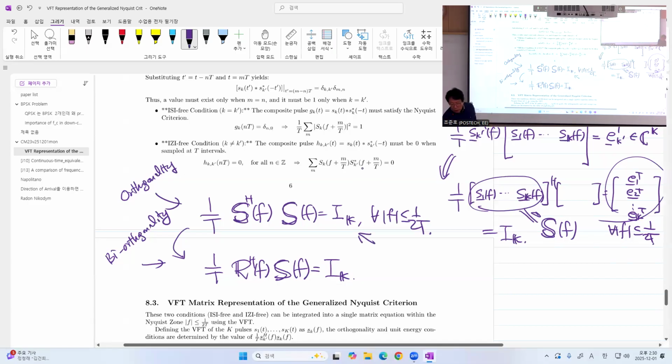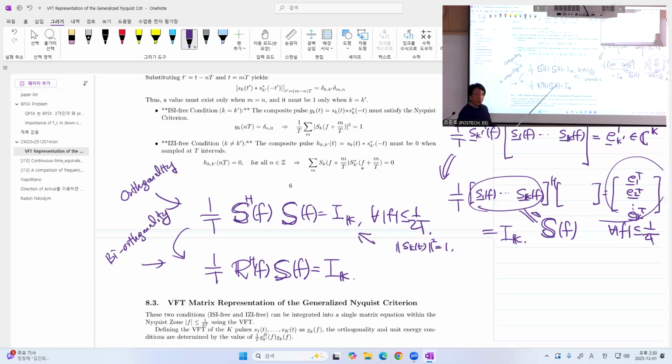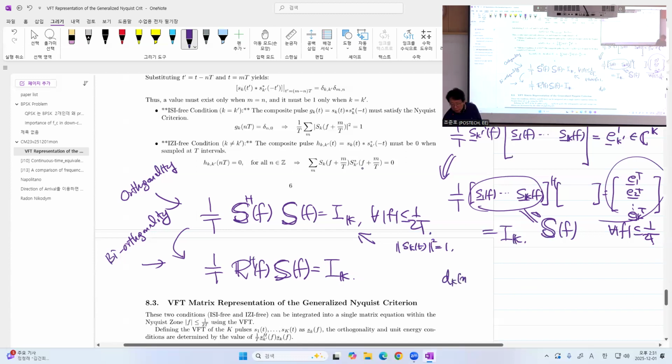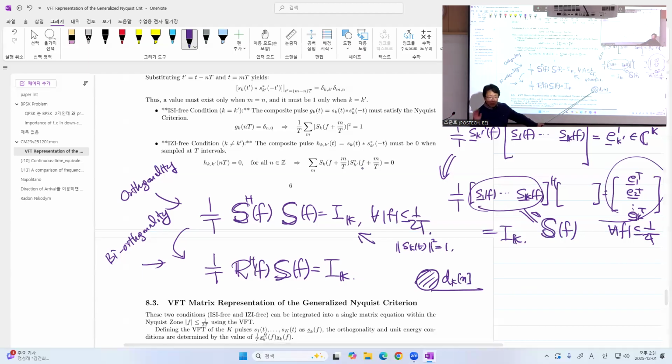Here, we assume that all the signals have unit energy. But even though we assume unit energy for all S, the received pulse may have different energy. Still, what we have is this one. When you want to find the scaling factor for the desired symbol, not interference, then the scaling factor is still 1 in both of the cases. Got it?